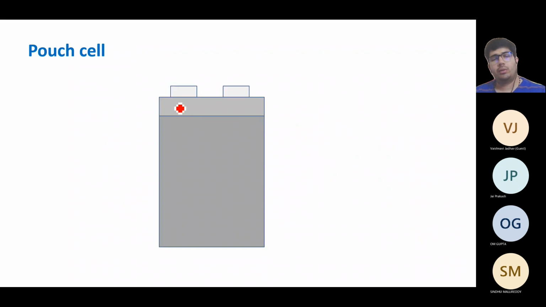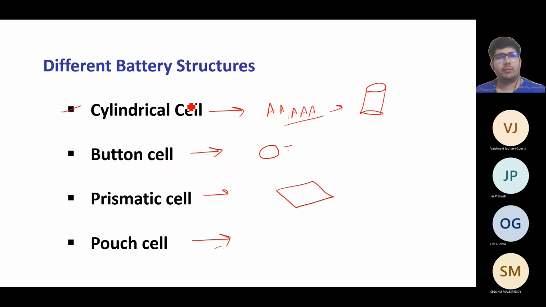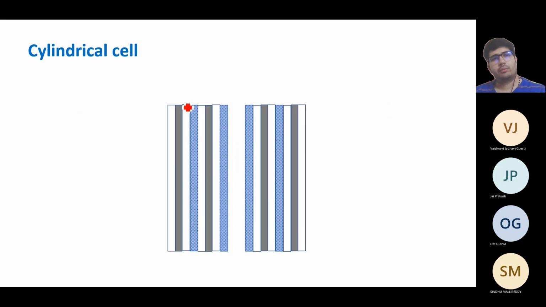In the pouch cell, you can see the two terminals and a pouch-like structure in which chemicals are filled, and they can react and generate power. So these are the four battery structures we have covered: cylindrical, button, prismatic and pouch.